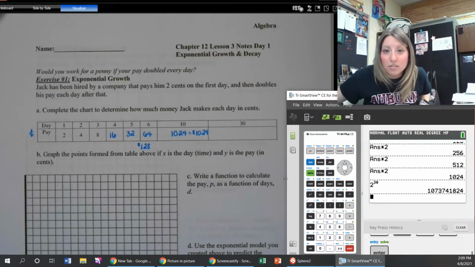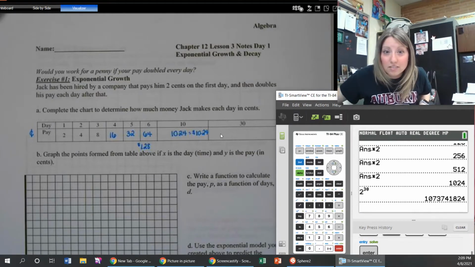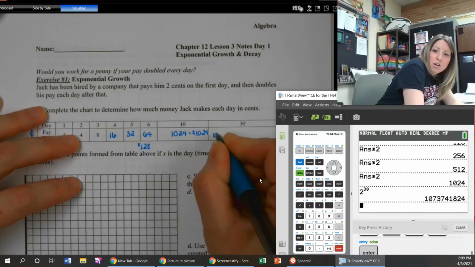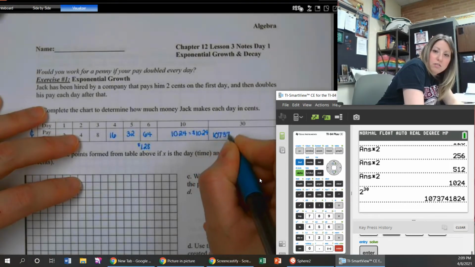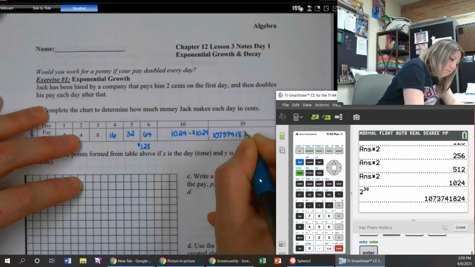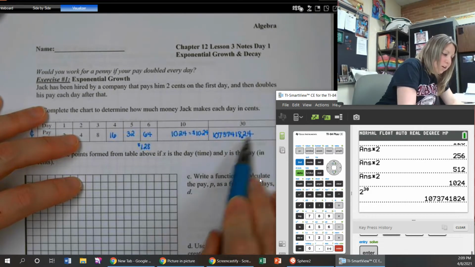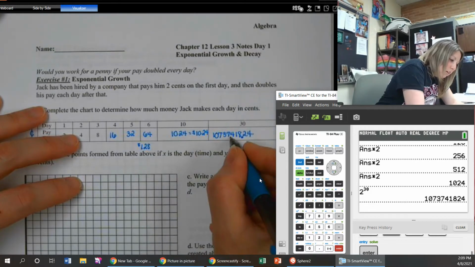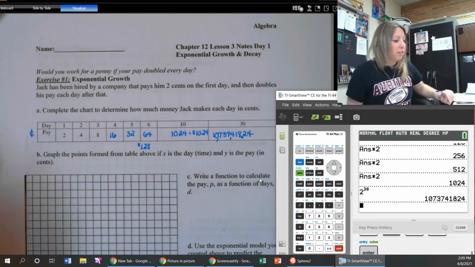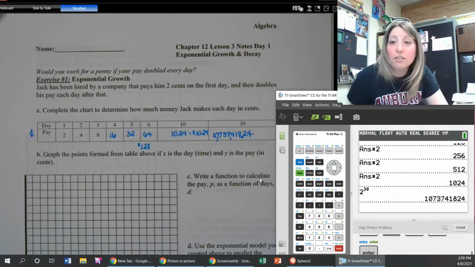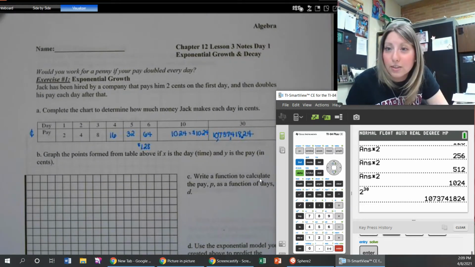Let's write out this number. All right. So now I'm going to do it in dollars and cents. So there's my $10,737,418.24 by day 30.